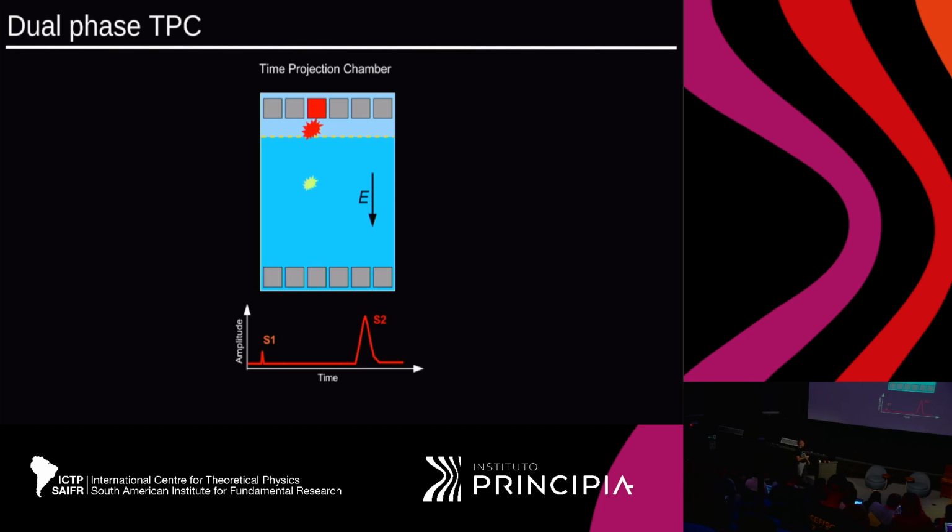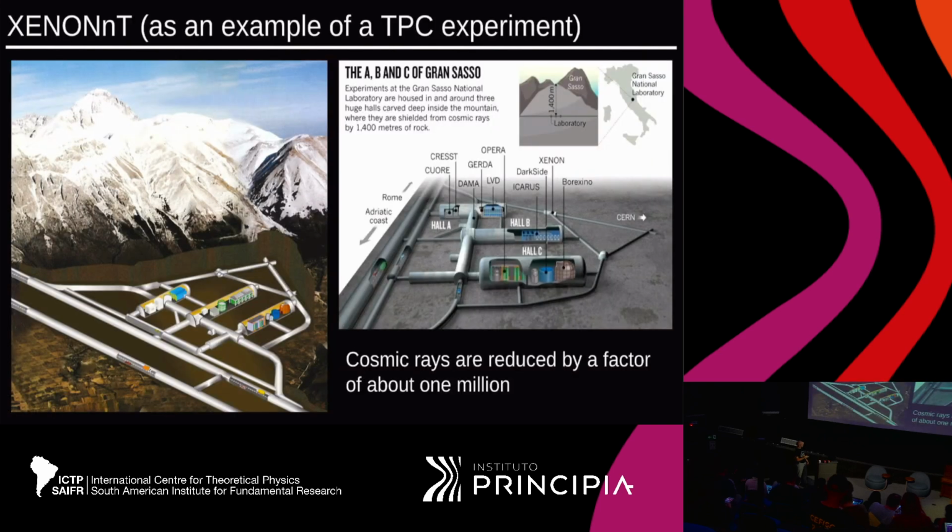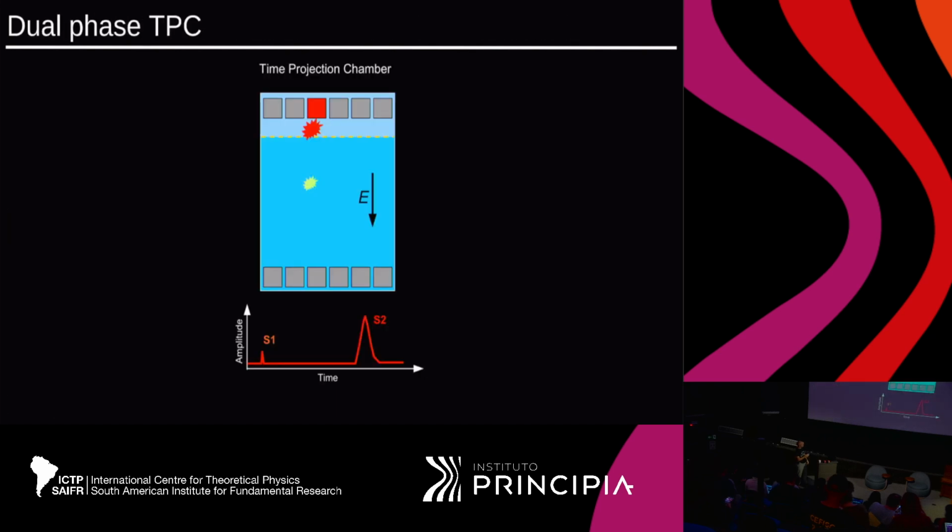The other thing is that the size of these signals, okay, will depend on essentially how much ionization versus scintillation light was produced at the very beginning, okay? And we know that it's different for nuclear recoils and electron recoils.